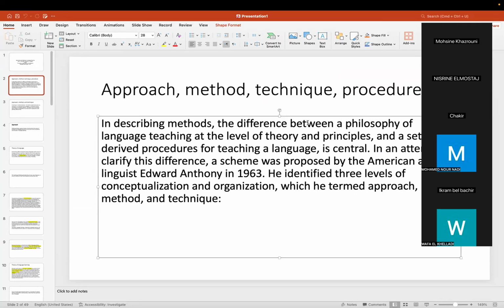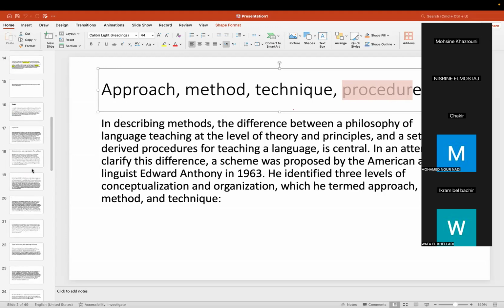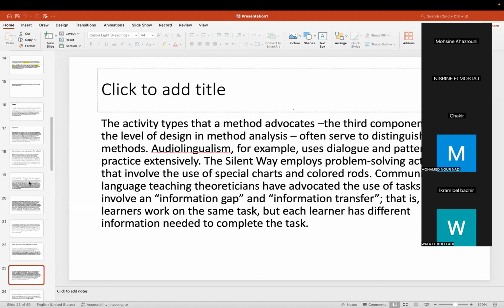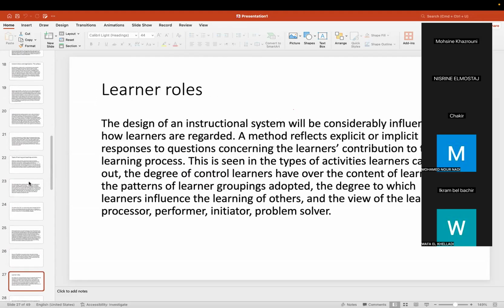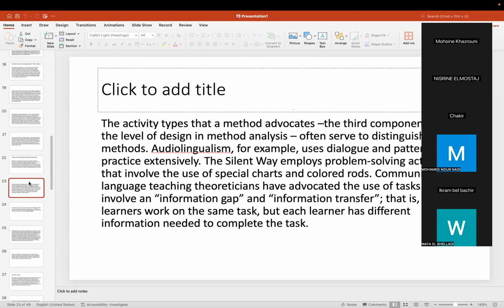Would you like to tell me a little bit about the procedure, or what we call a design? You will find it in the handout. Okay, let me search first. Same handout, right? Same, yes.